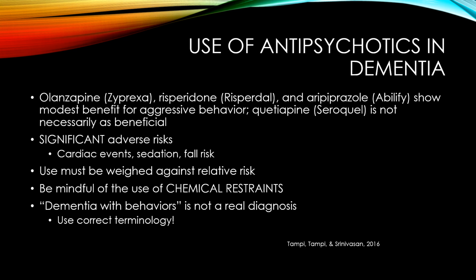I might leave them, unless you specialize in geropsych. I might even get these patients to a geropsych if you can. Use must be weighed against relative risk. Be mindful of the use of chemical restraints for people. Again, that's not how we want to practice, so be mindful of that. Dementia with behaviors is not a diagnosis, so use correct terminology.